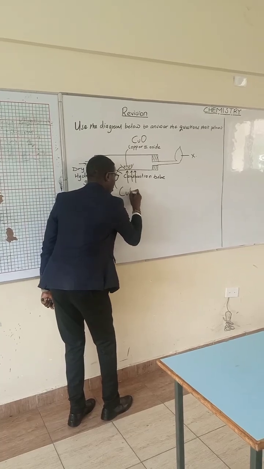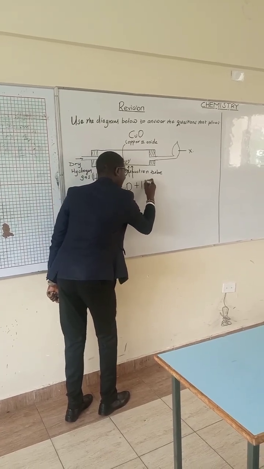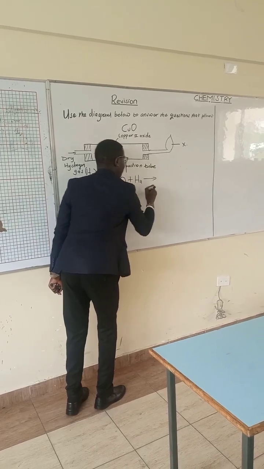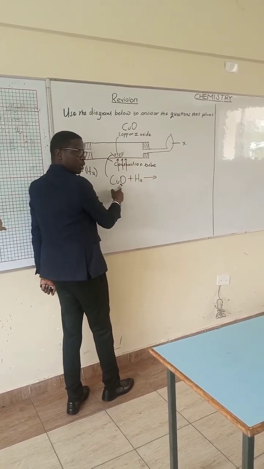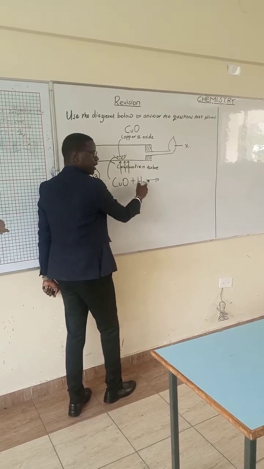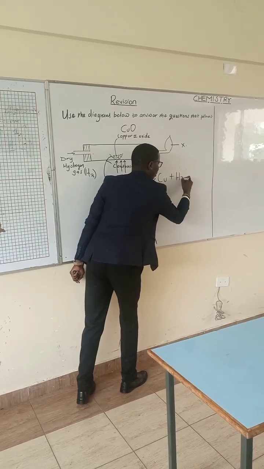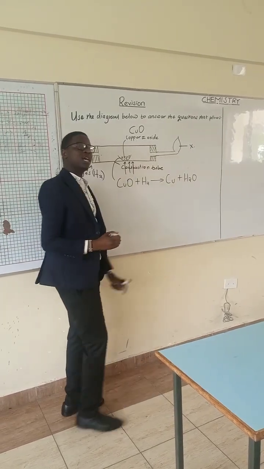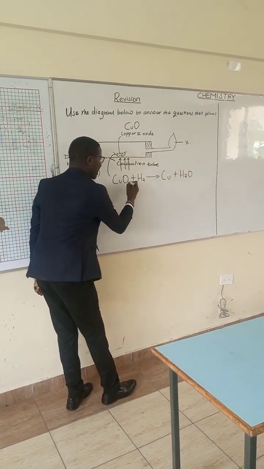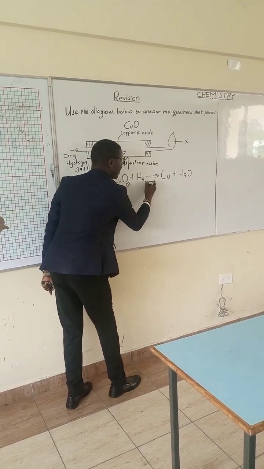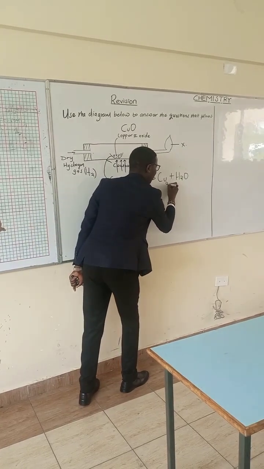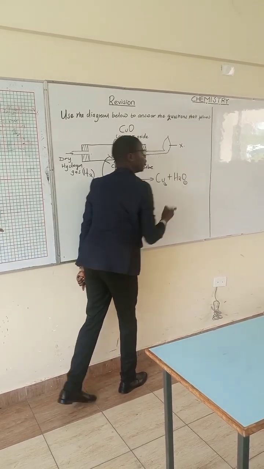Copper 2 oxide will react with hydrogen; hydrogen will reduce copper 2 oxide. It will take away the oxygen to form copper metal plus water. Copper 2 oxide is solid, hydrogen is a gas, copper is solid, water is liquid.